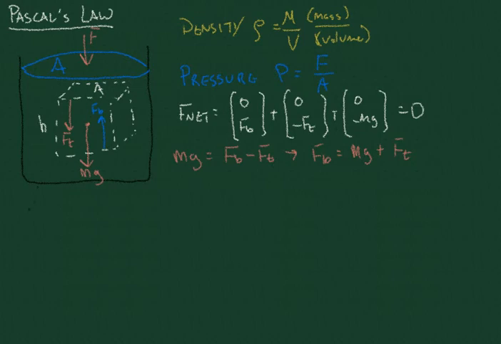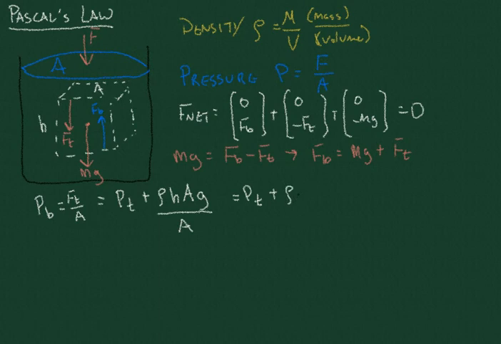Area in this case is just going to be A. So the pressure at the bottom is going to be the force at the top over A, which is just going to be the pressure at the top plus, I'm going to rewrite our mass as rho times V, where we have the density of the fluid, and the volume is going to be h, the height, times the area A, times g, but now we're dividing by A. So we see that this is the pressure at the top plus rho g h, where of course H is going to be, if we define Y at the bottom and Y at the top, Y at the top minus Y at the bottom.